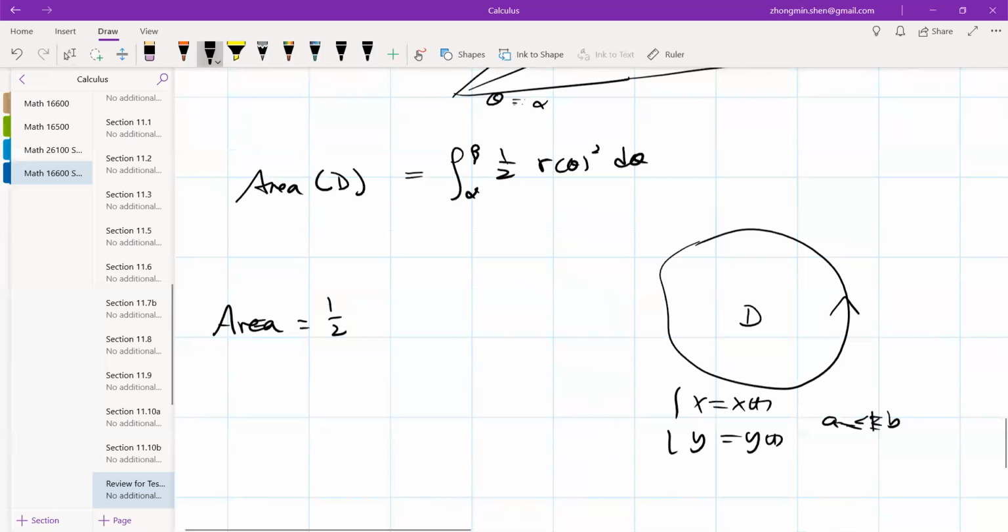It's going to be the integral from a to b. You can use a single function, or you can use a combination.